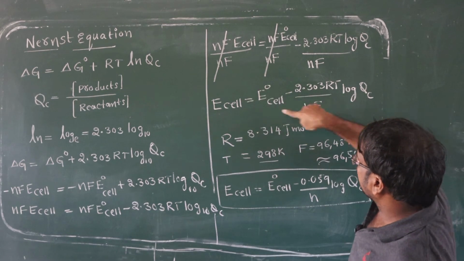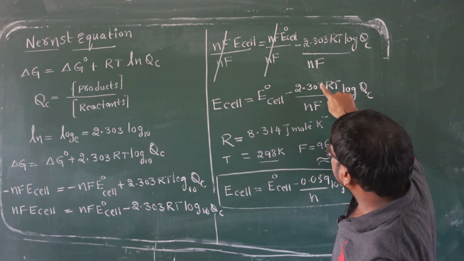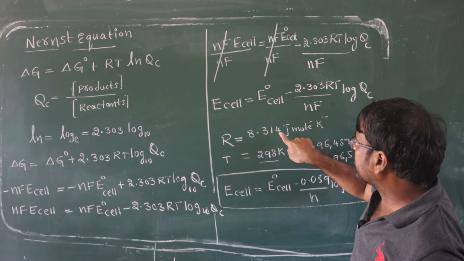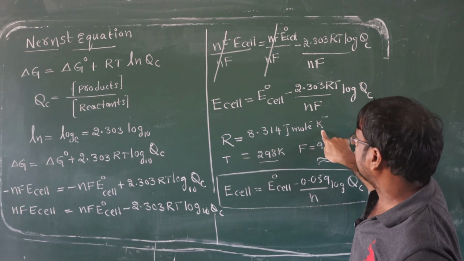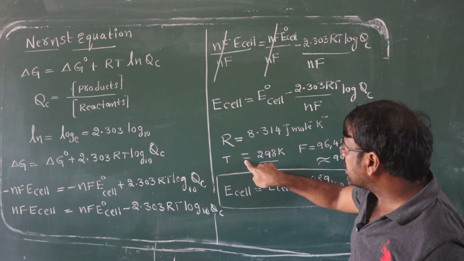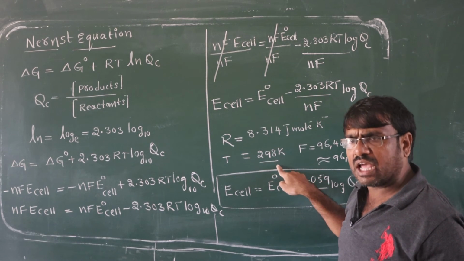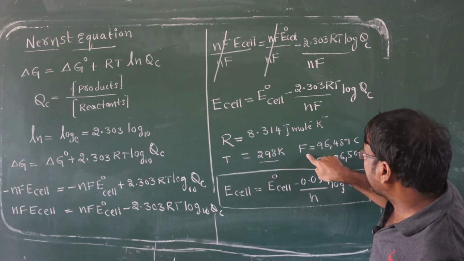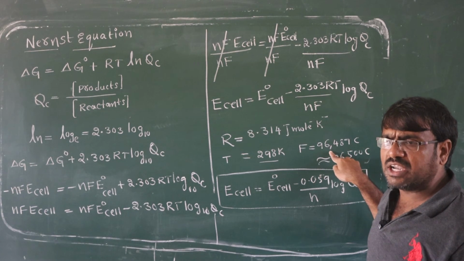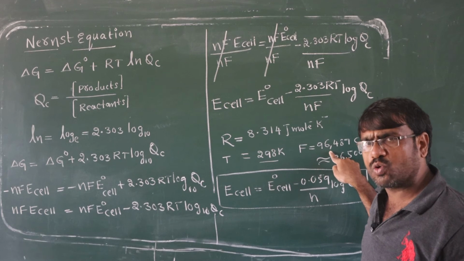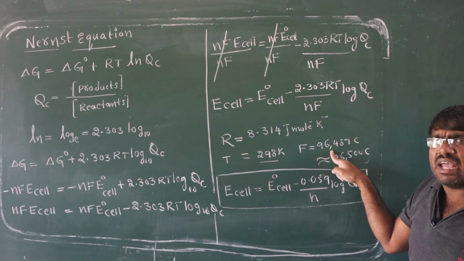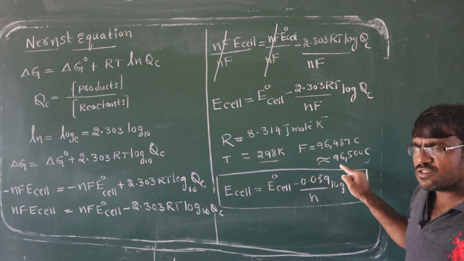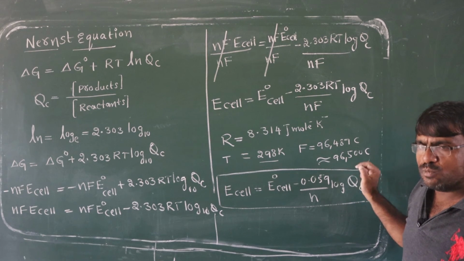In this equation, R is the universal gas constant, 8.314 joule mole inverse Kelvin inverse. Temperature, how much are we maintaining? 298 Kelvin. And F is the Faraday. 1 Faraday is equal to how many coulombs? 96,487 coulombs, approximately 96,500 coulombs.